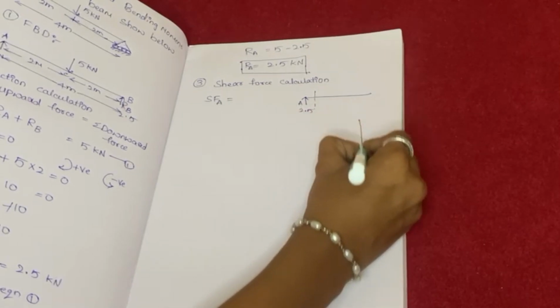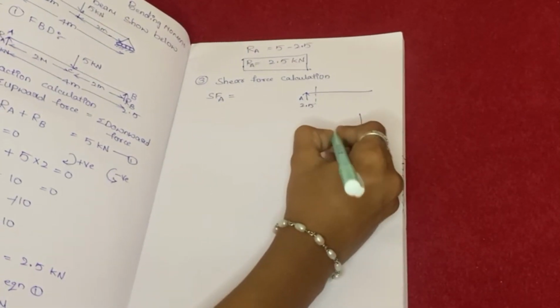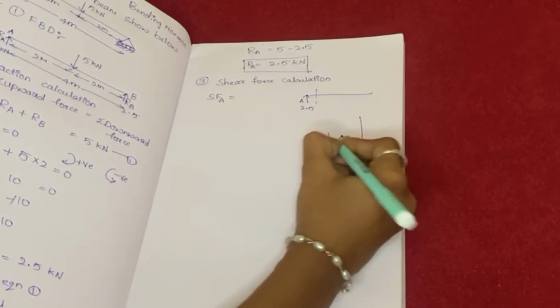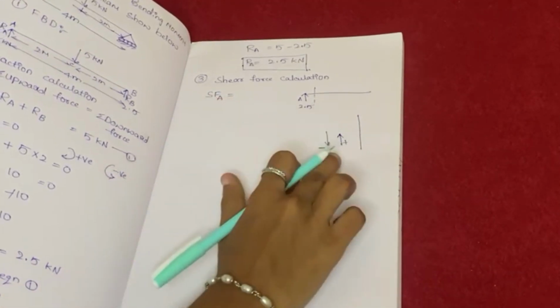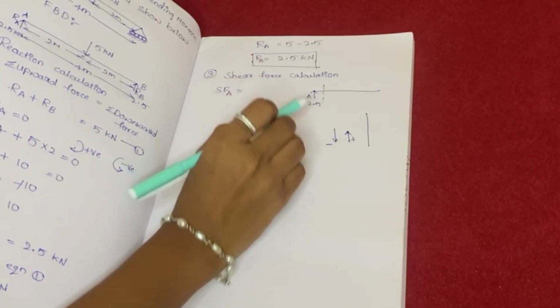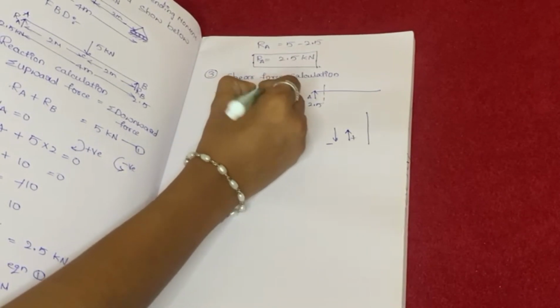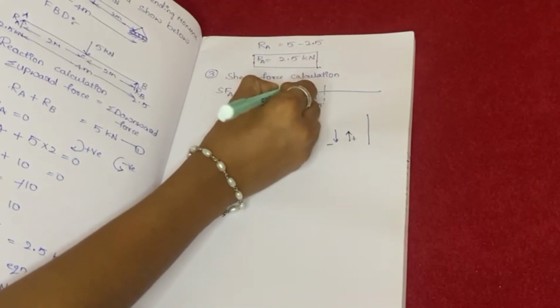I am taking left side upward forces as positive and downward forces as negative. So the section left side force is RA. Left side force upward is positive, plus 2.5 kilonewton.